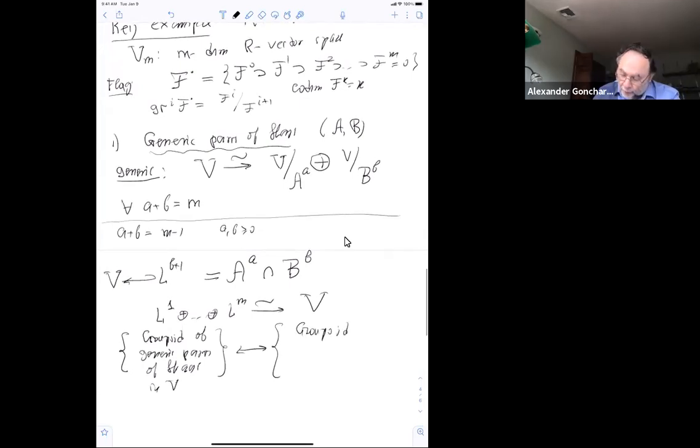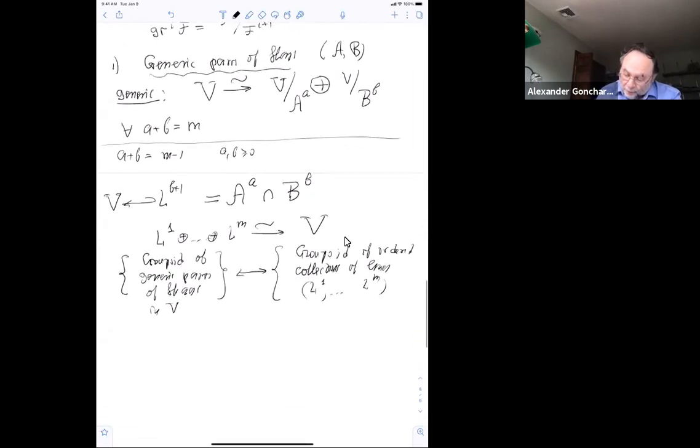This is the groupoid of ordered decompositions into a sum of lines, or I would just say ordered collections of lines L1 and so on, Lm.